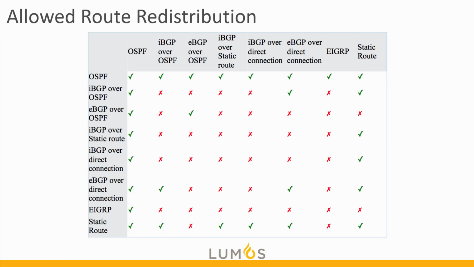So we can do iBGP peerings, we can do eBGP peerings, and we previously only supported iBGP, OSPF, and static routes. So we do have EIGRP support here. However, you notice that we cannot even learn a route through EIGRP and redistribute it back to EIGRP on another neighbor relationship. So it has the least capabilities. I wouldn't really recommend using it, but you have that option.